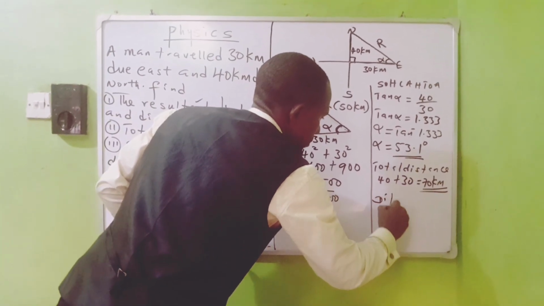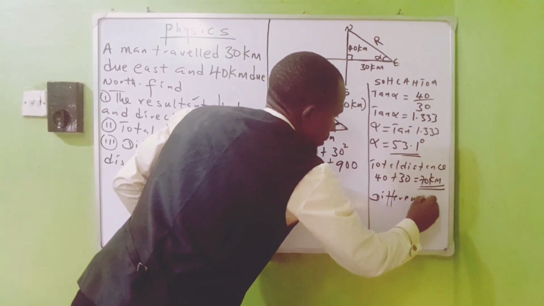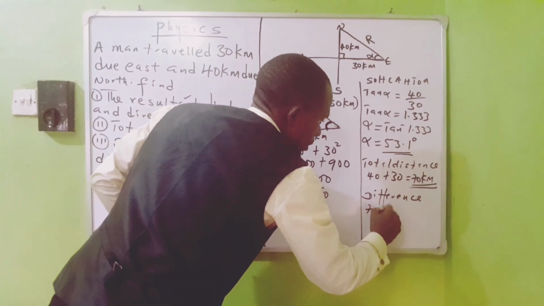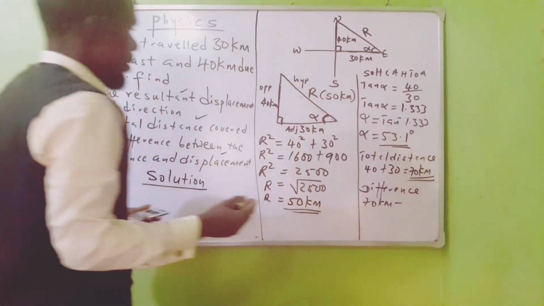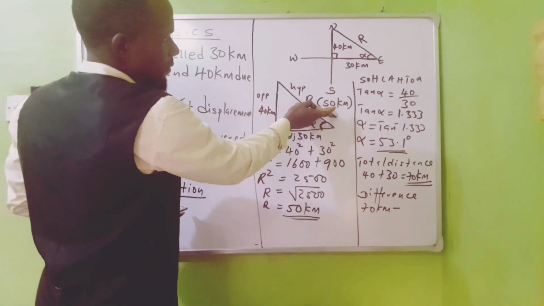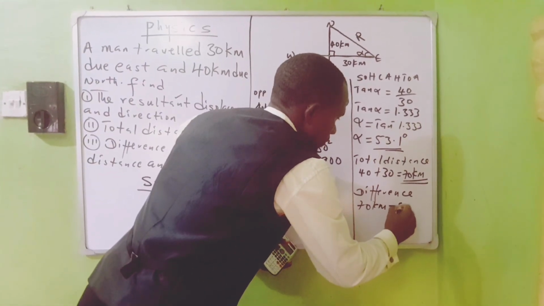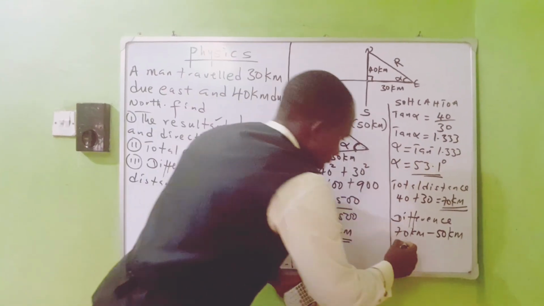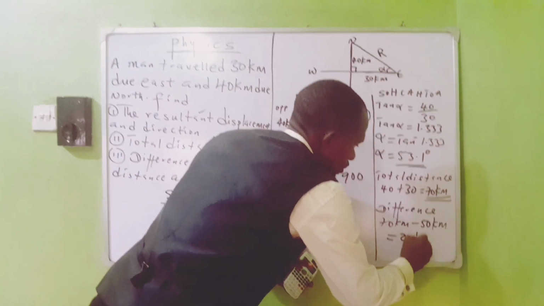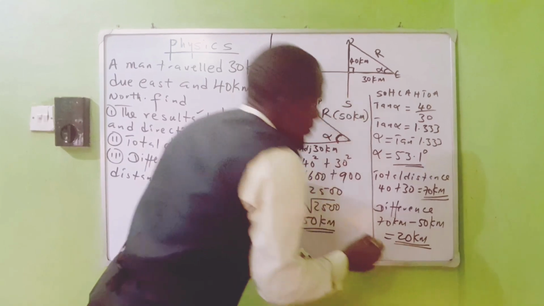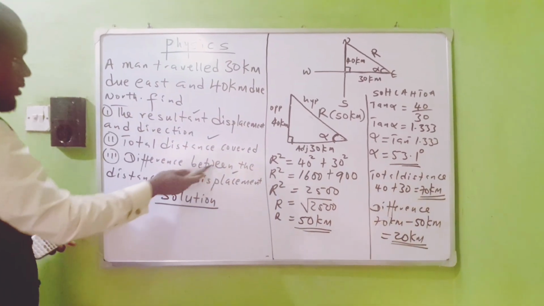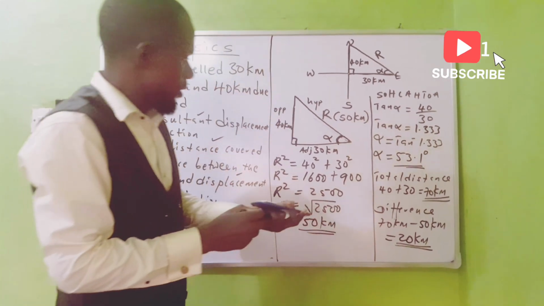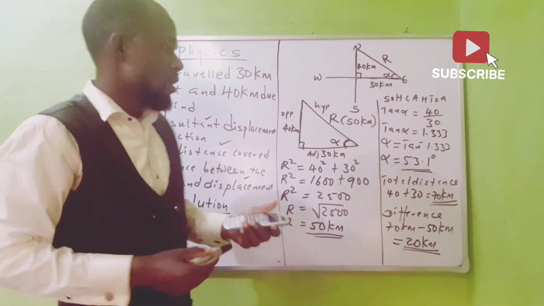The distance is 70 kilometers minus my displacement, which is 50 kilometers. 70 minus 50, I'll have 20 kilometers. So this is the difference between the distance and the displacement. So I'm done with this problem on the board.